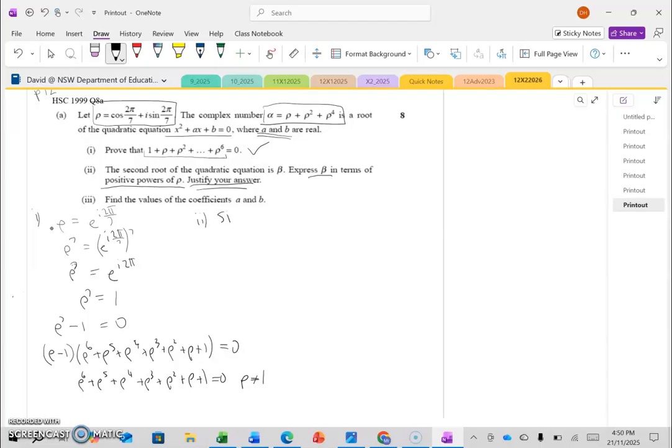So since the coefficients are real, complex roots occur as complex conjugate pairs.